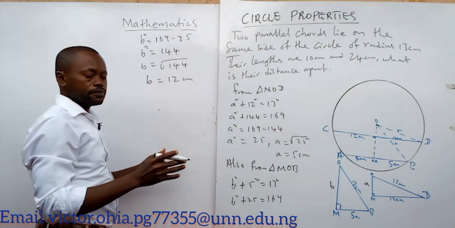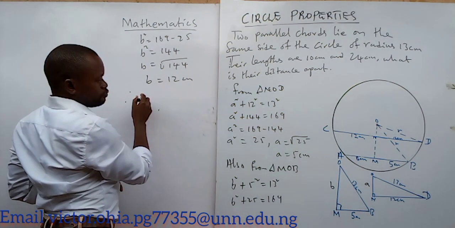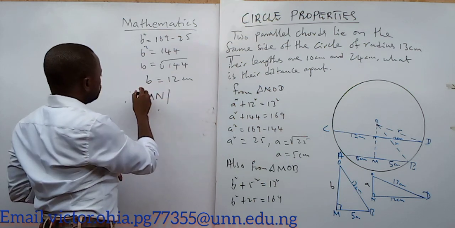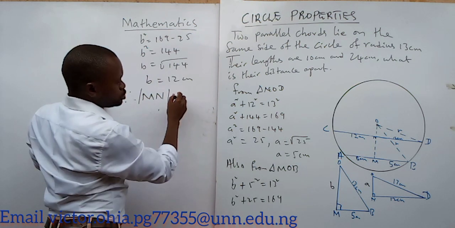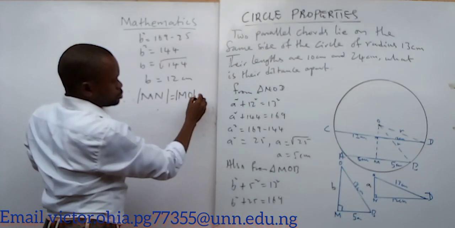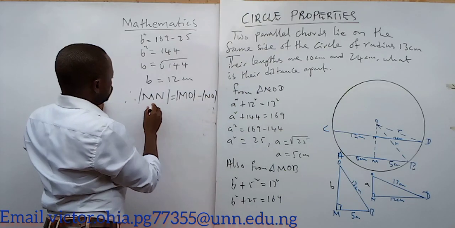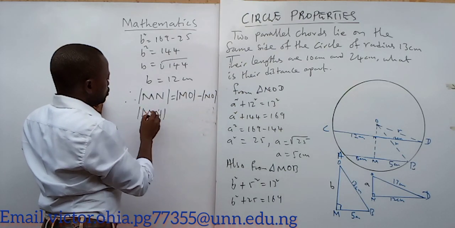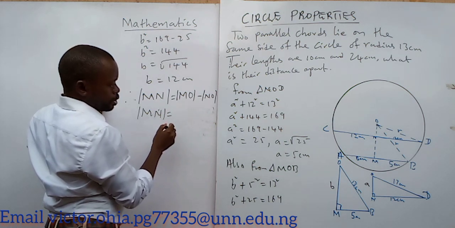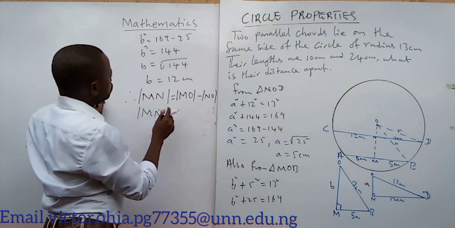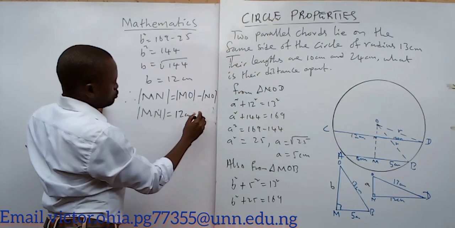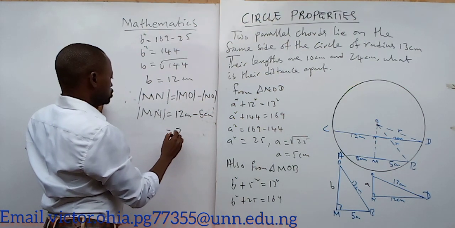Now the gap between them, therefore, M N, that gap between them, which is equals to MO minus NO, will now be MN equals to MO, that's B, calculated to be 12 cm minus 5 cm, and that will give us 7 cm.